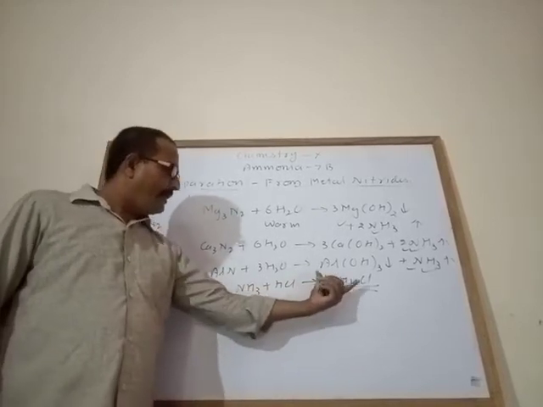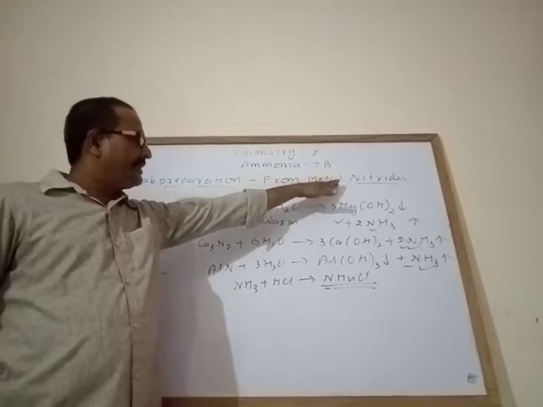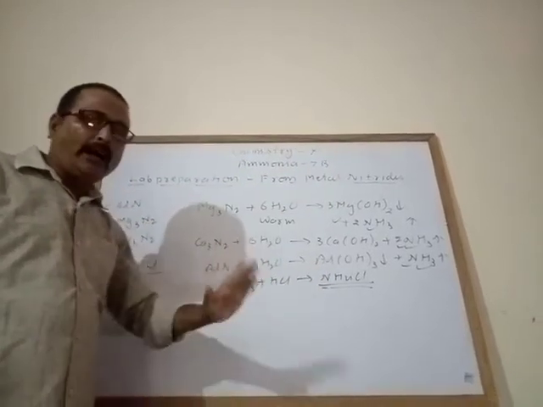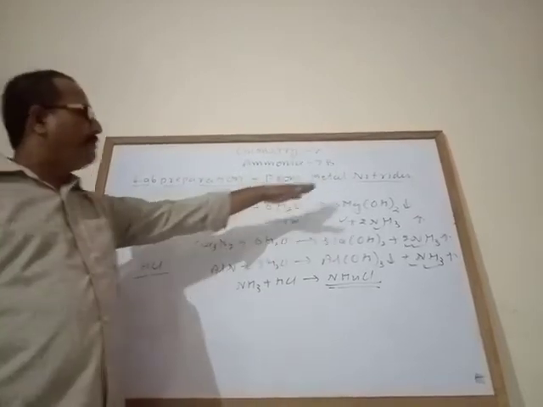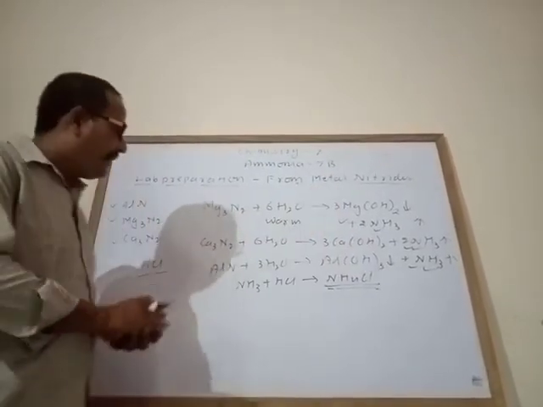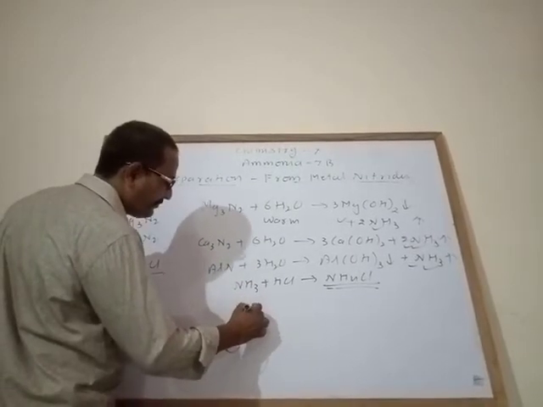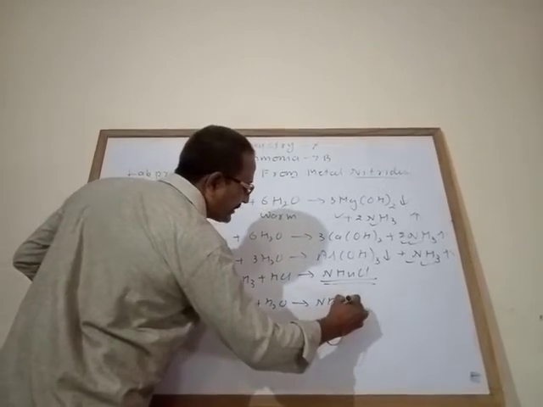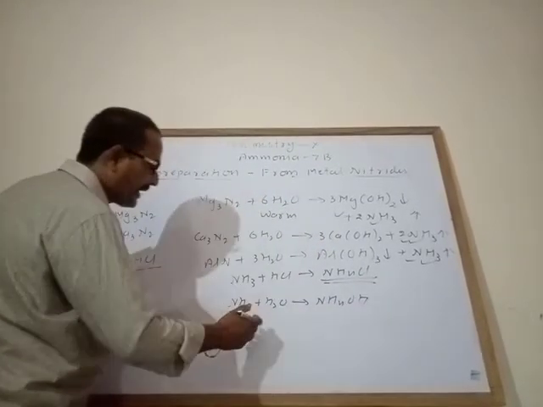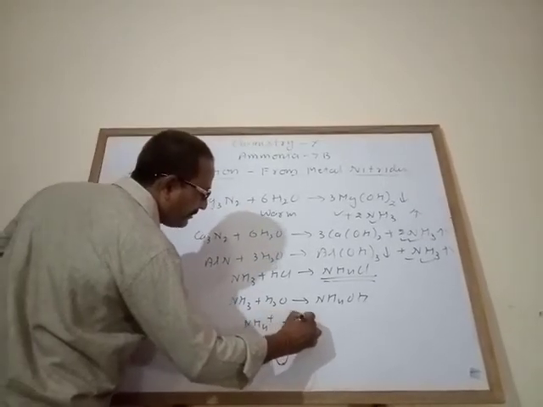How can you prepare ammonia in the lab? From metal nitrides, you can prepare like that. How can you identify it? With litmus paper, you know that ammonia is basic in nature. When ammonia dissolves in water it forms ammonium hydroxide, which after ionization gives NH4+ ion and OH- ion.